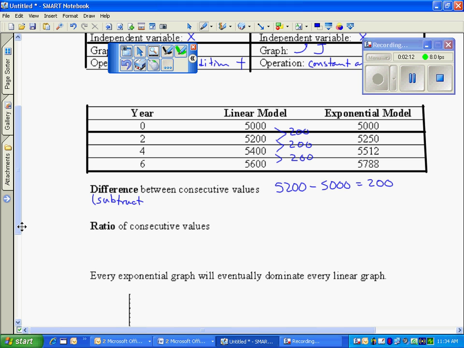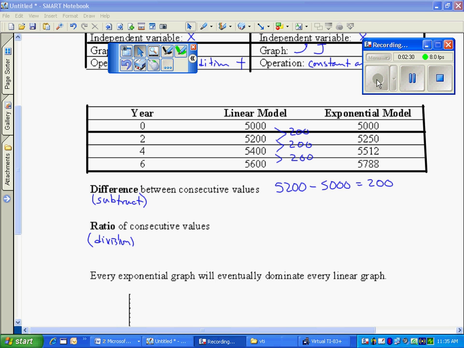If I'm looking at the exponential model, it's not going to be added, it's a ratio. So it's going to be this division and multiplication instead of this addition and subtraction.